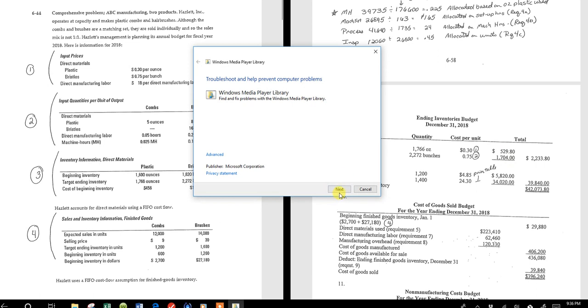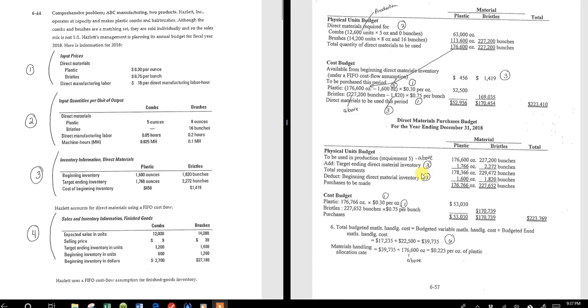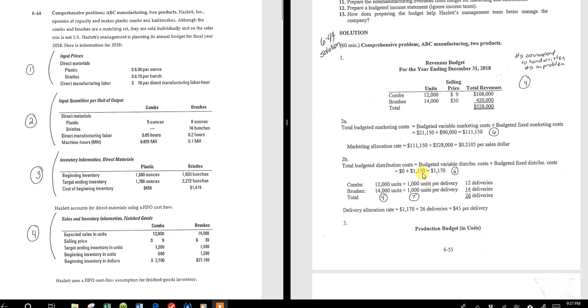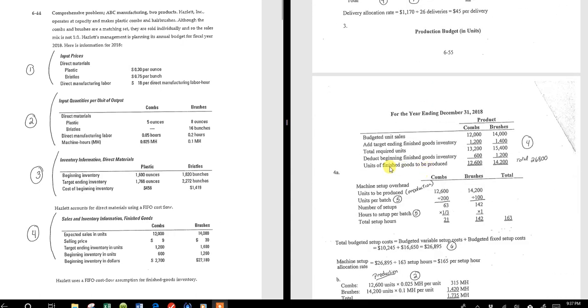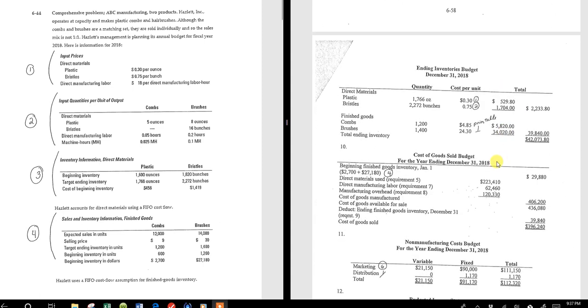Finished goods, I have combs. This is from my production budget up here. Finished goods is 600 for combs and 1200 for brushes. Pause that.